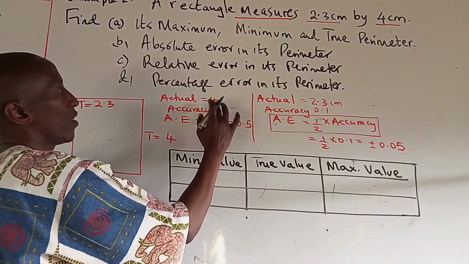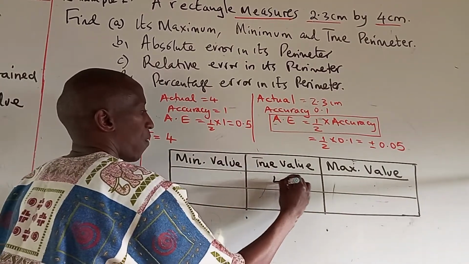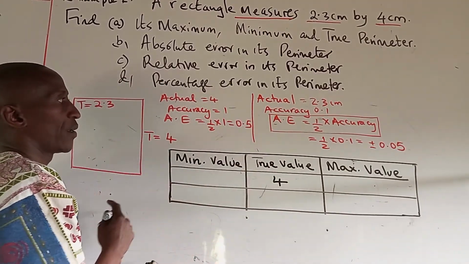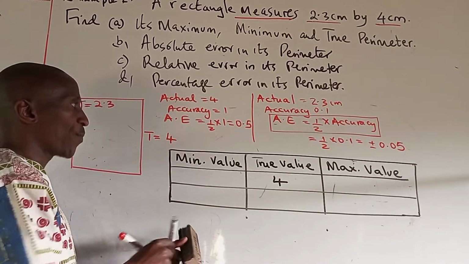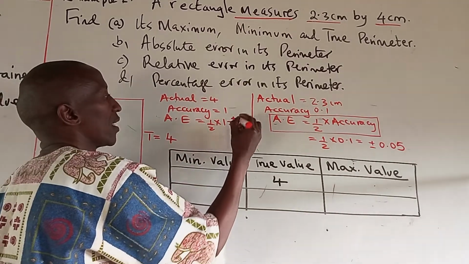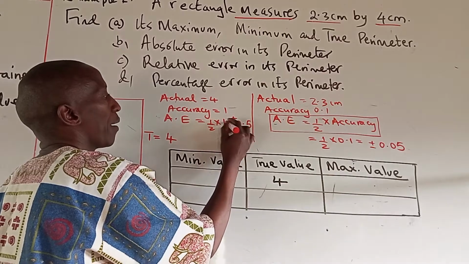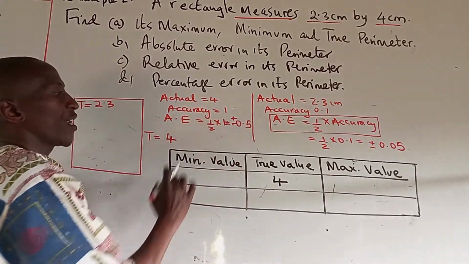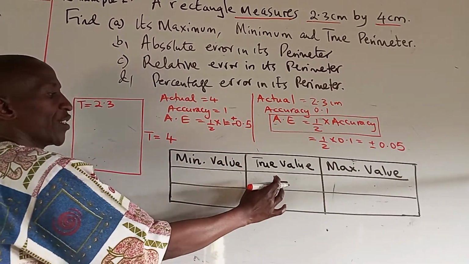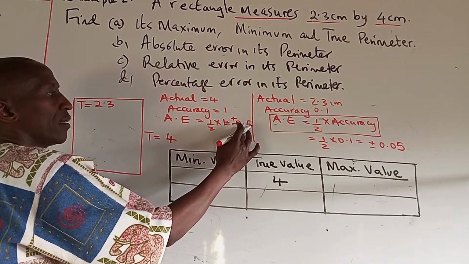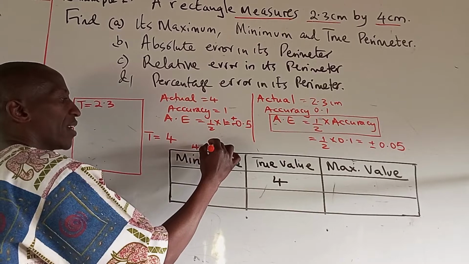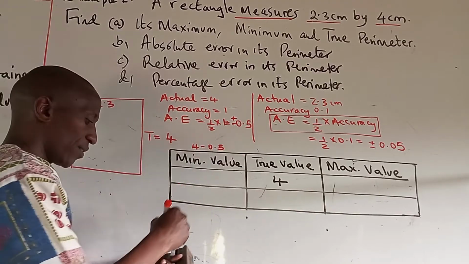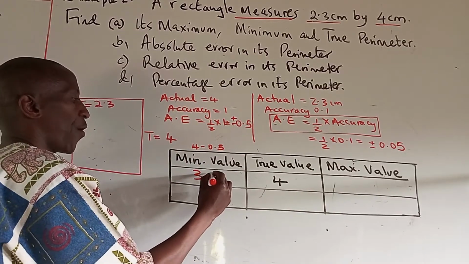If I start with 4, that is the true value. The minimum possible is obtained by us taking the absolute error plus or minus 0.5. For the minimum, it is 4 minus 0.5, and that gives us 3.5.